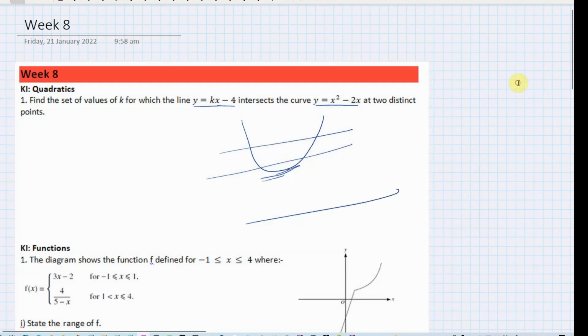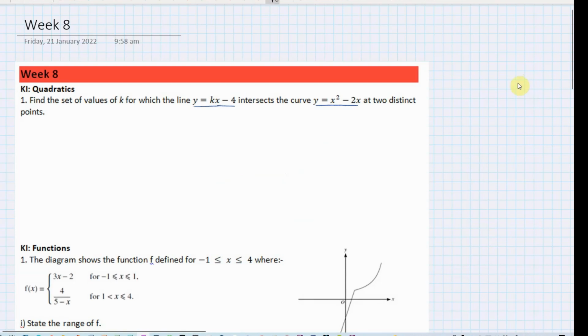Okay, there we go. Now, why don't we find out where the line, which is kx minus 4, meets the curve by making them equal to each other. Then we could bring everything across to the same side and make it equal to 0.